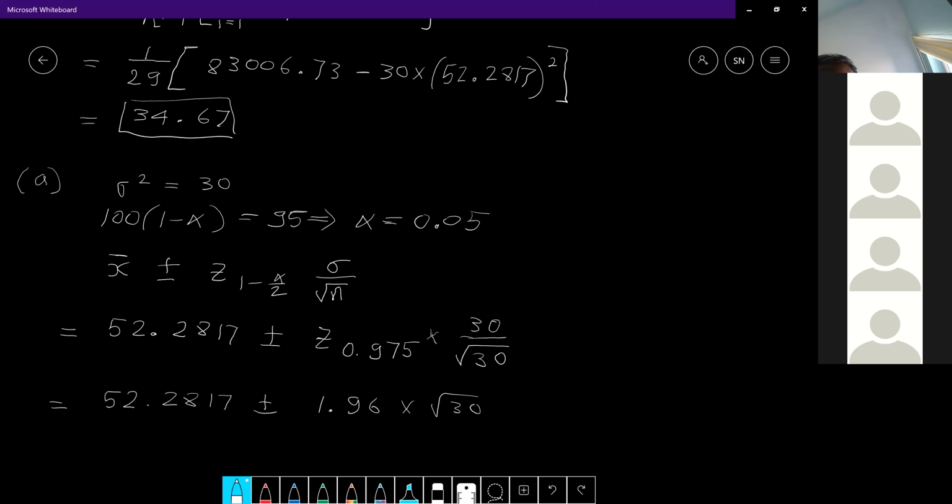Okay guys, that's the answer to the first part, part A. So let me put this in the right box. So this is part A of question 2.